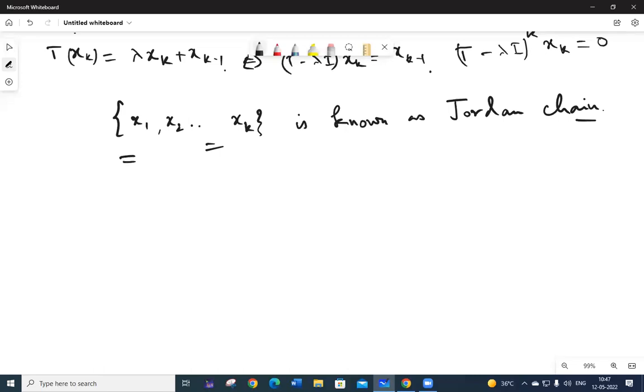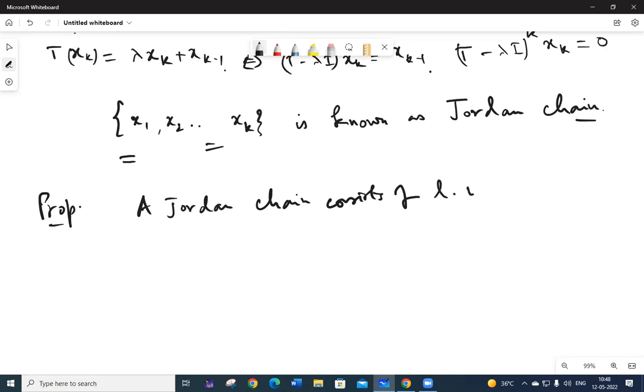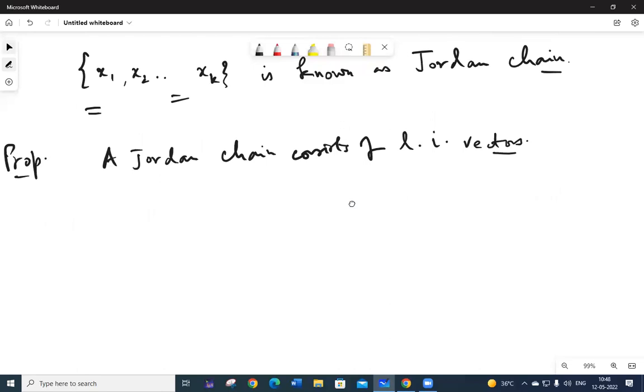Now our proposition is that a Jordan chain consists of linearly independent vectors.